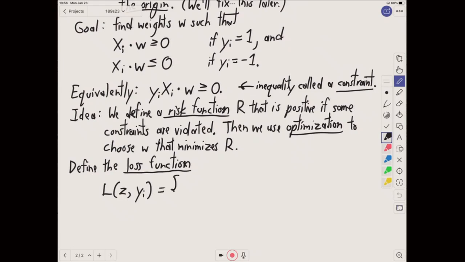The idea of the loss function is that we're going to set it to be 0 if we have predicted correctly, which means that the prediction times the correct label is non-negative, or to put it another way, yi and z have the same sign.